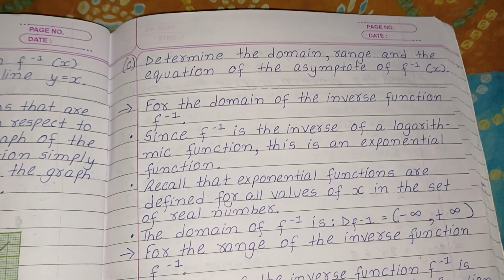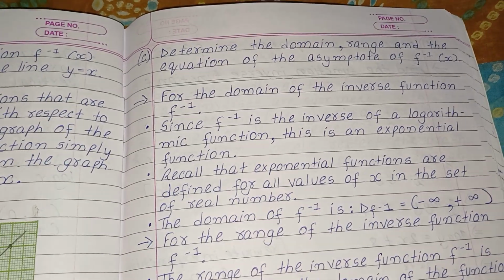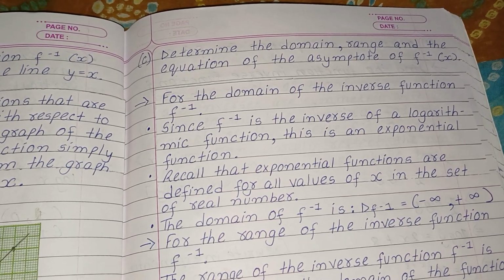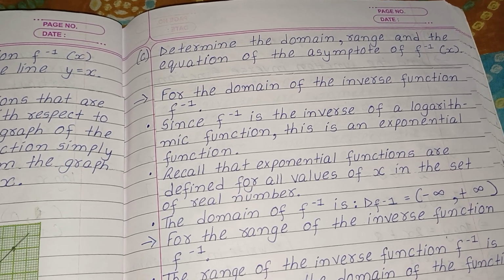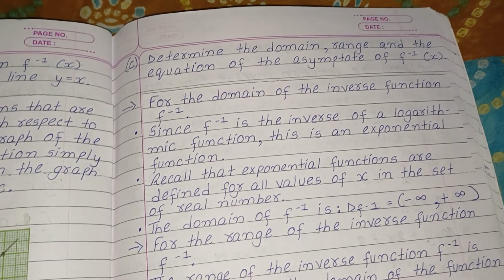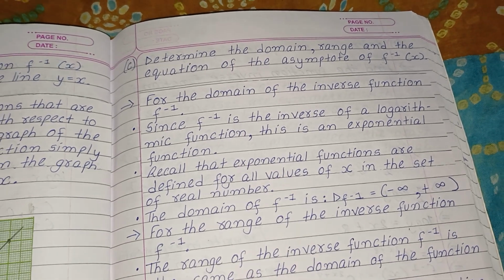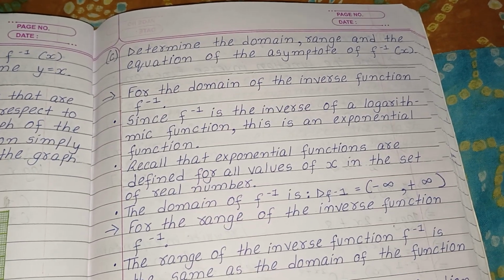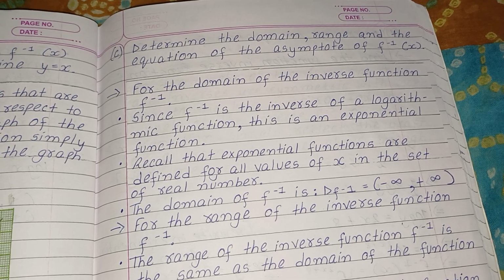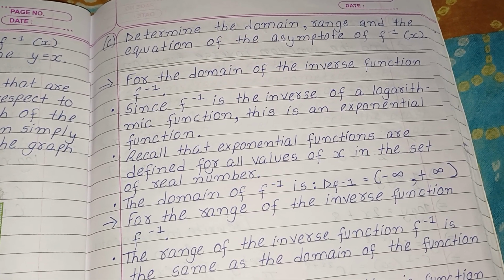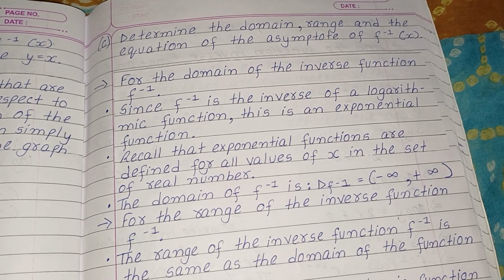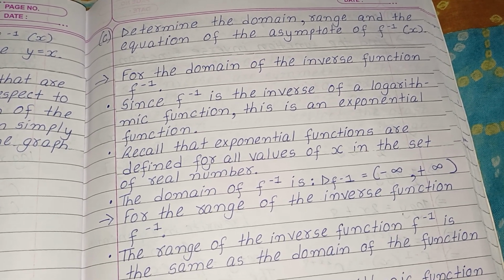And now our C question: determine the domain and range of the inverse of f, f^-1(x). For the domain of the inverse function f^-1, since f^-1 is the inverse of a logarithmic function, this is an exponential function.